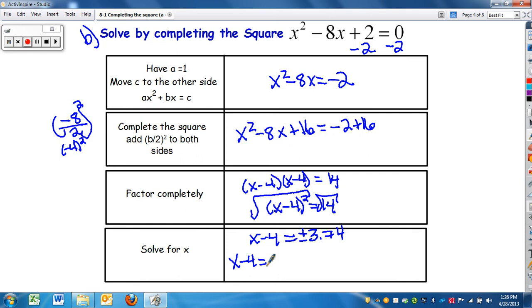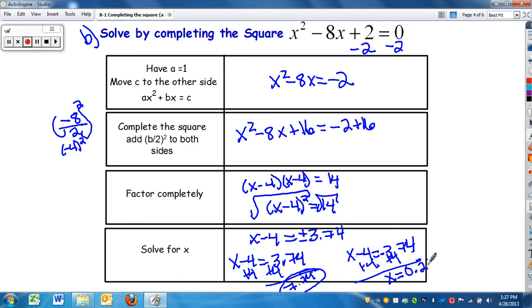That's why. x minus 4 equals plus or minus 3.74, and then I just add 4 in both equations. So I get 7.74 as one answer. Add 4. x equals 0.26.